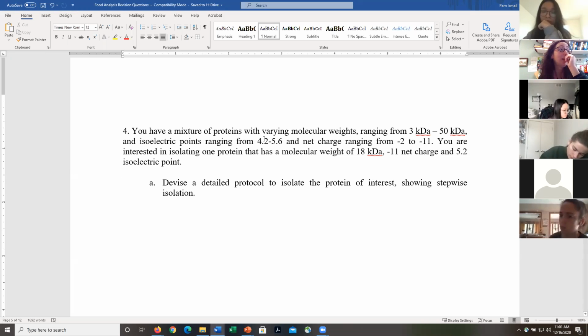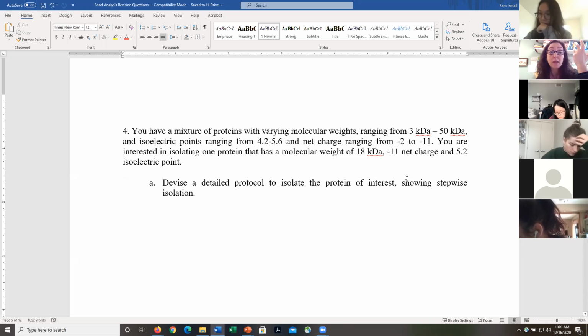You can start by saying, I will precipitate at pH 5.2, collect the precipitate. All right, the precipitate might have proteins with similar charges and might have proteins with similar molecular weight.